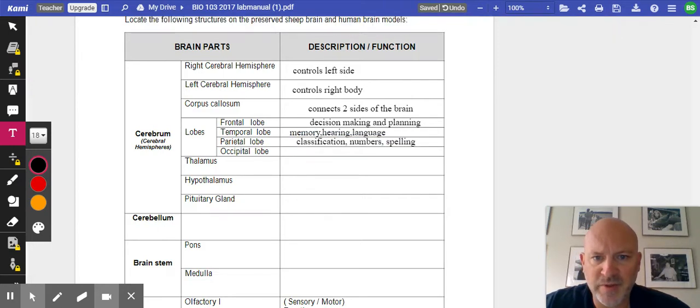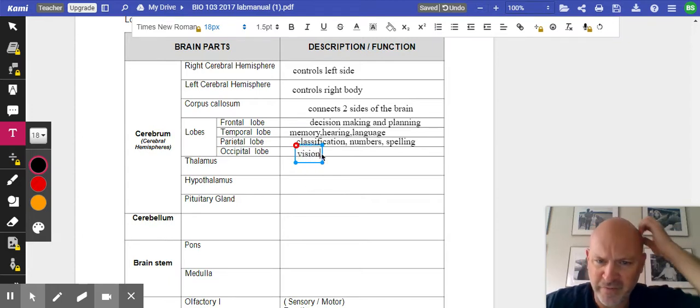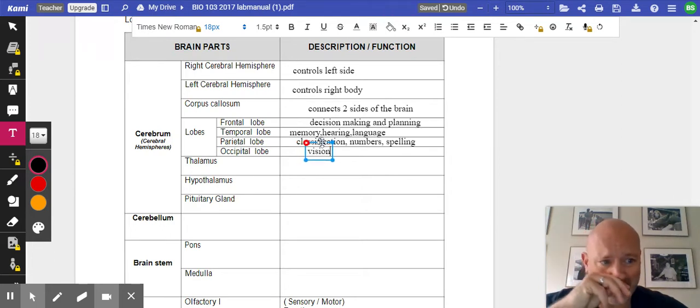The occipital lobe is for vision, right? This is your primary visual cortex, so that's all the way in the back of the brain. But also the processing of vision, processing of colors, that kind of stuff.